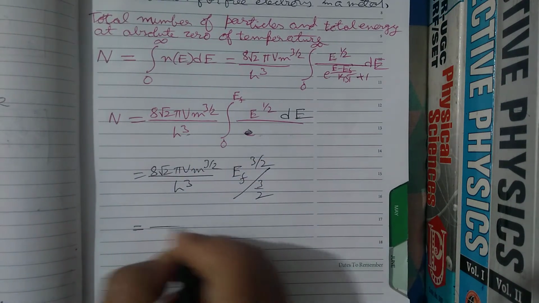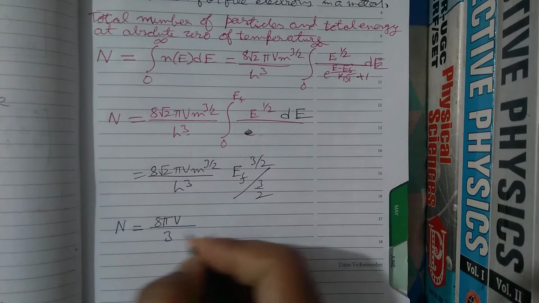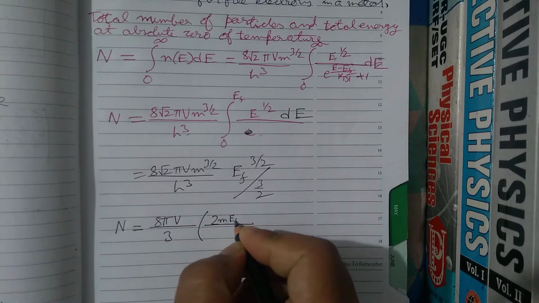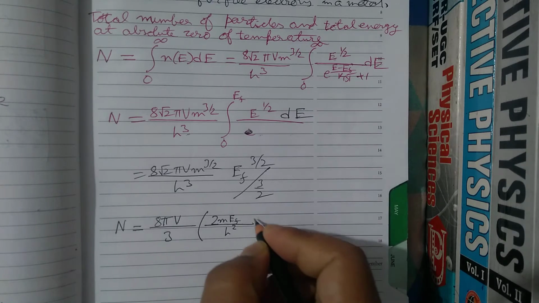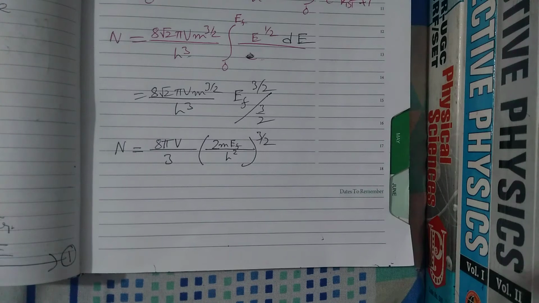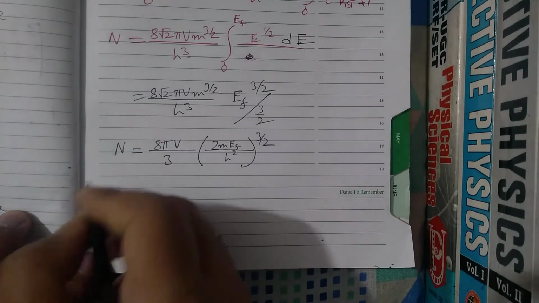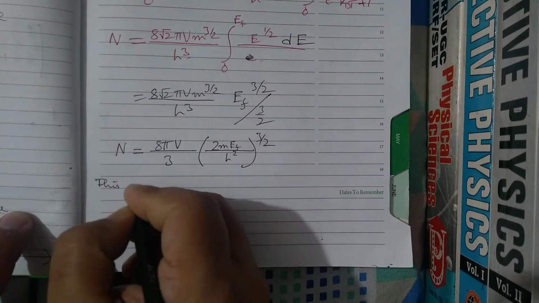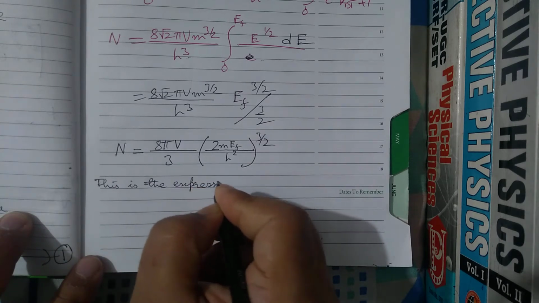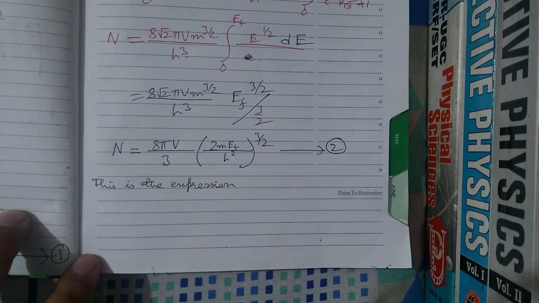So N is equal to 8 pi V by 3 into (2m EF by h square) whole to the power 3 by 2. This is the expression, equation 2.